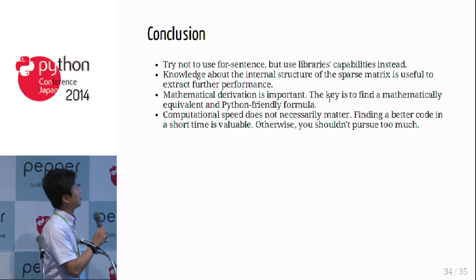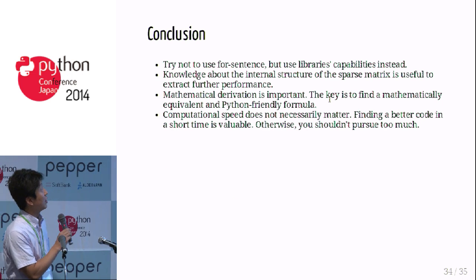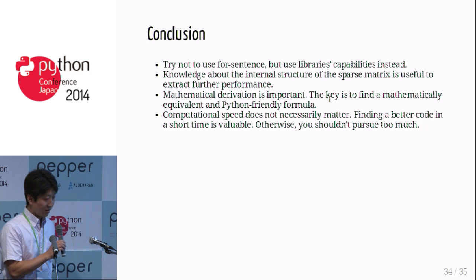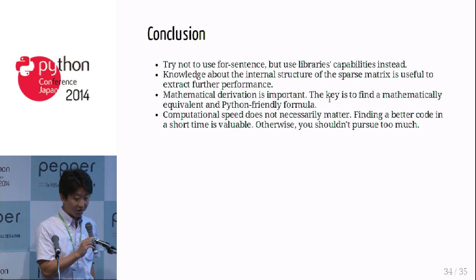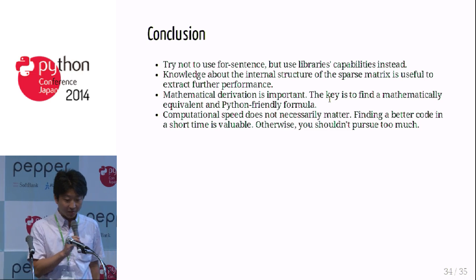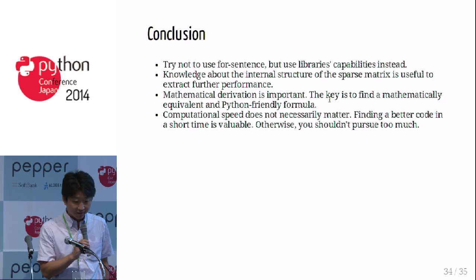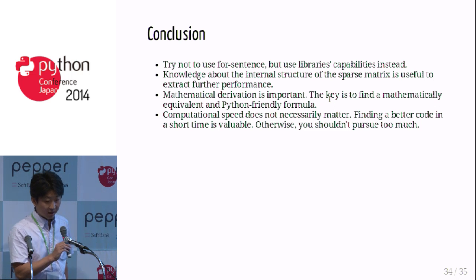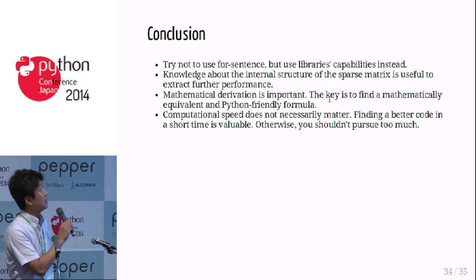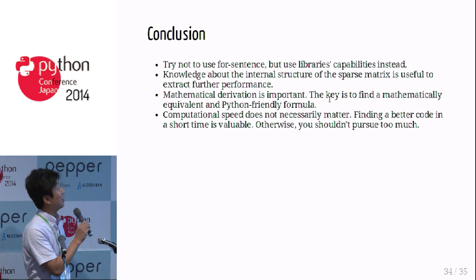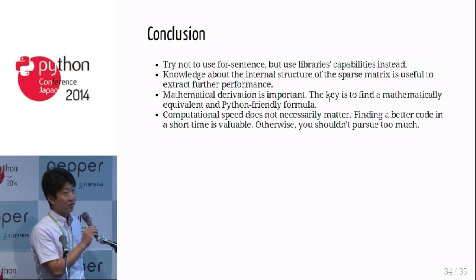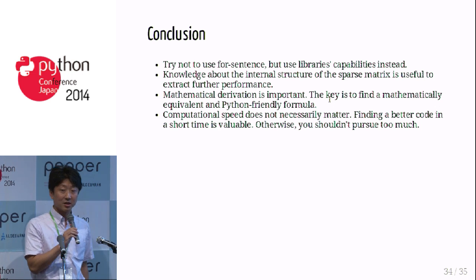So this is conclusion. Anyway, try not to use for sentences. Instead, you should use library's capabilities. And knowledge about the internal structure of sparse matrix is very useful to extract performance.